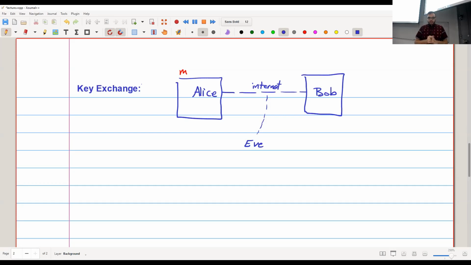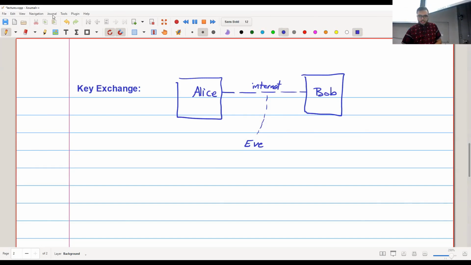Now, again, this seems impossible because anything that Alice sends to Bob is also intercepted by Eve. And anything that Bob sends to Alice is also known by Eve. So how is it that I can somehow magically create something that both Alice and Bob know, but Eve does not?